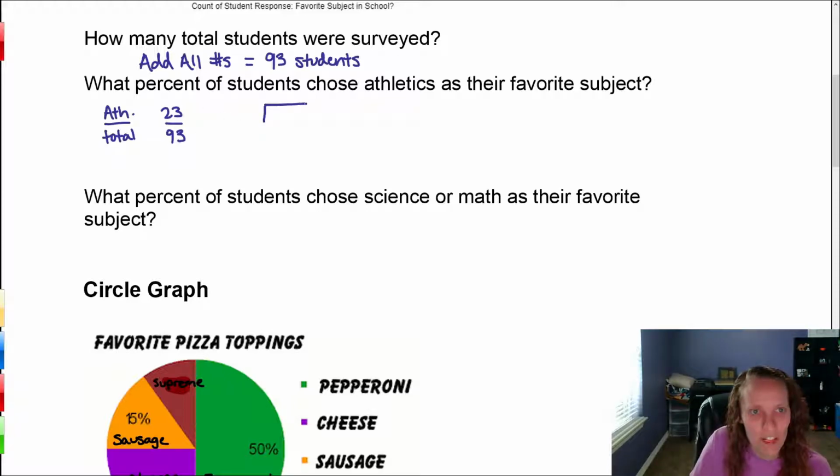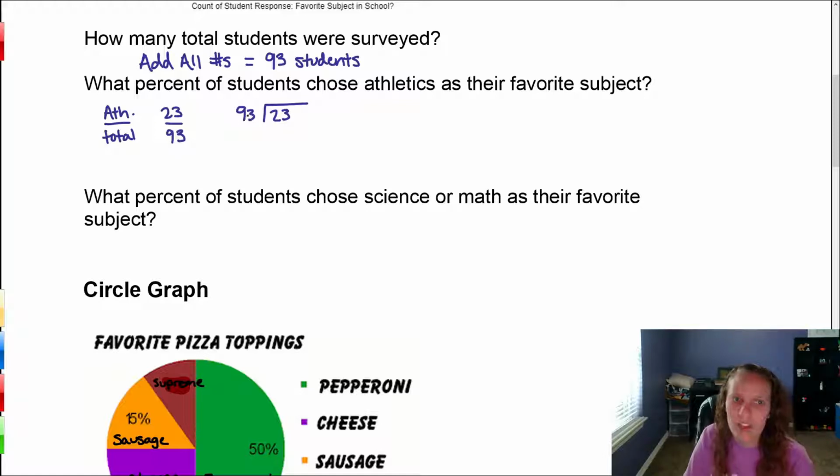So when we divide, we're going to set our division box up, and the first number, 23, goes inside and 93 goes outside. Well, 93 doesn't go into 23, so we'll put a 0 there, add a decimal, and then put a 0 inside. 93 does go into 230 twice, and so let's do 93 times 2. 3 times 2 is 6, and 2 times 9 is 18.